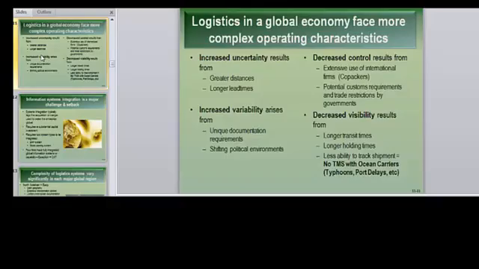Increased variability because of unique documentation requirements, all the paperwork that has to be filled out as product goes from one country to another. We have to make sure that we have all the customs clearances set up, all the tariffs are going to be paid, all the duties are going to be paid. There's nothing in that product that's going to harm consumers or anyone else.